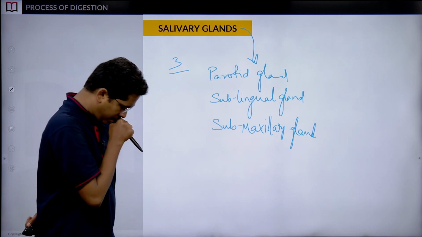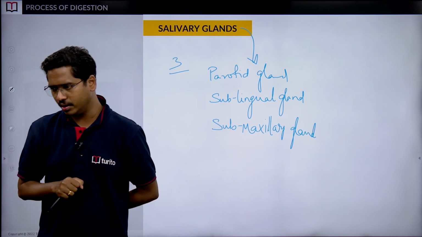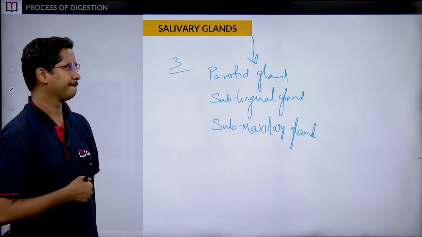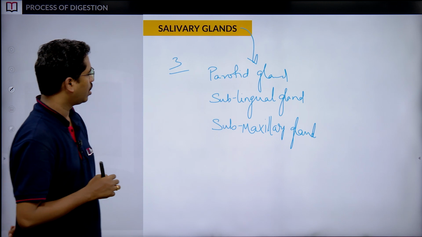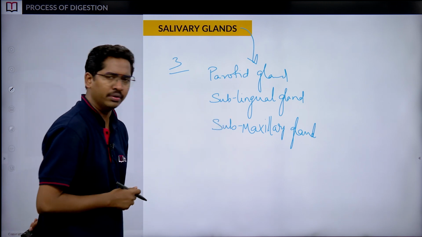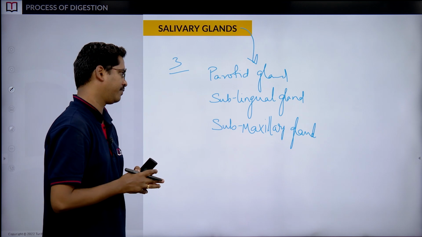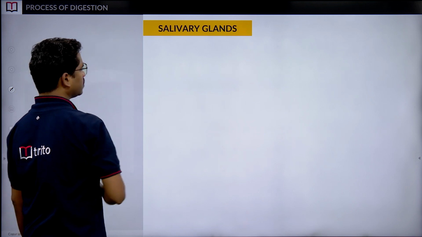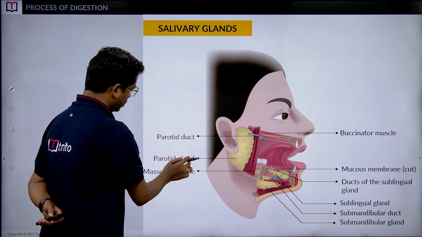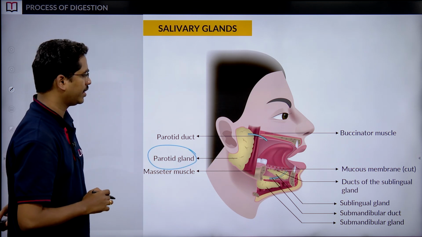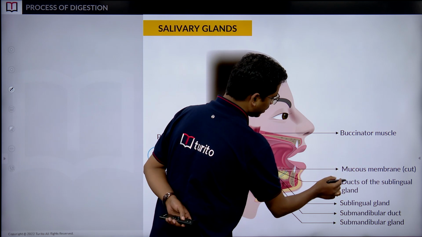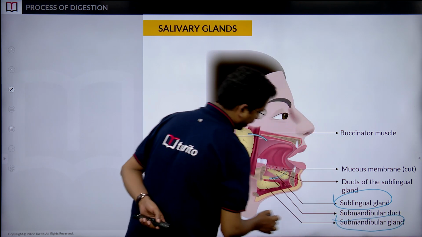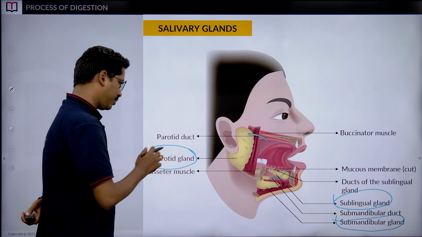All of those are released here, and they perform the particular function of digesting the complex carbohydrates. You see the parotid gland here. Next is the sublingual gland, then the submaxillary or submandibular gland. So, these are the three types of glands present in the buccal cavity, arranged in an order.